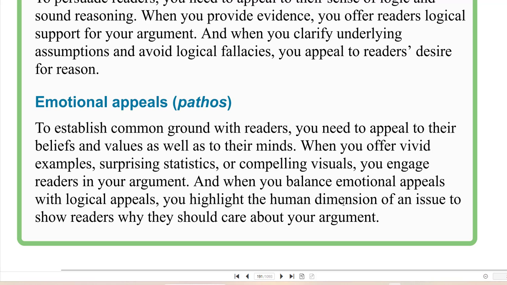To establish common ground with readers, you need to appeal to their beliefs and values as well as to their minds. When you offer vivid examples, surprising statistics, or compelling visuals, you engage readers in your argument. And when you balance emotional appeals with logical appeals, you highlight the human dimension of an issue to show readers why they should care about your argument.